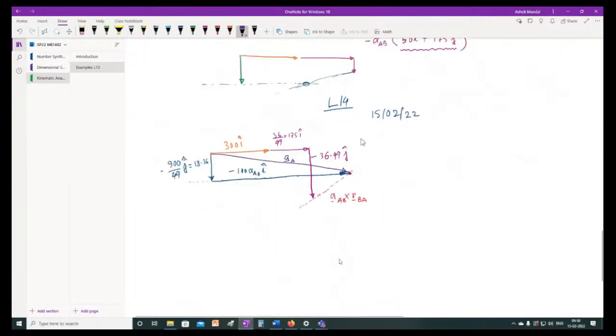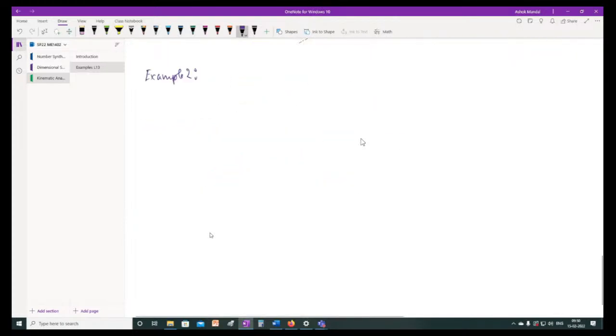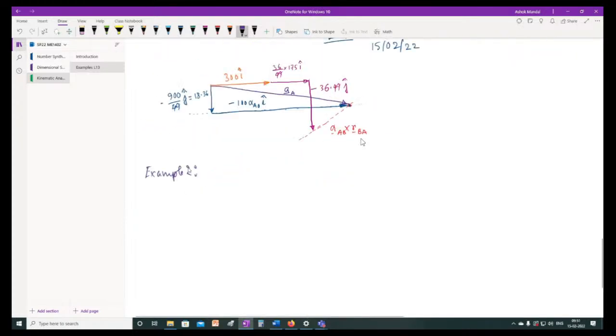Okay. We will move to our next example, which is this. Maybe we call it example 2 or example 3. So actually this is example 3. We have given you two more problems.